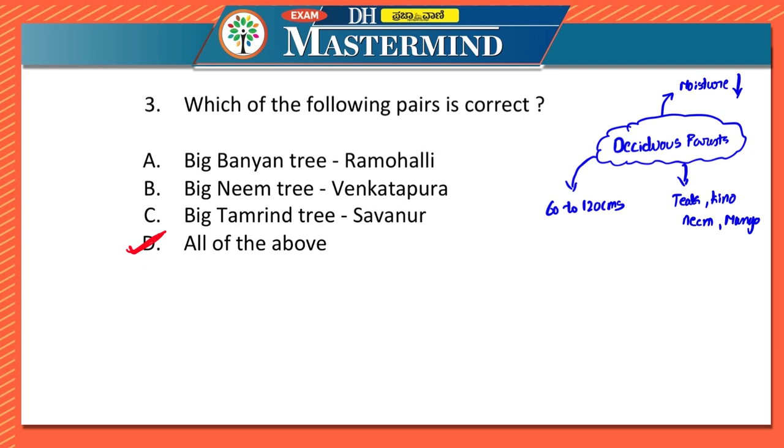So that is one of the characteristic features of deciduous forest. So the banyan tree at Ramohalli near Bengaluru, all these are factual points which you have to definitely remember.